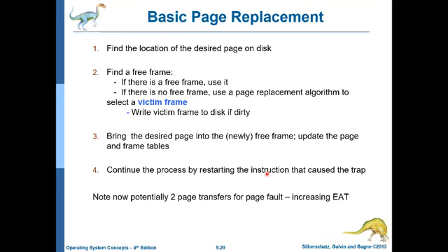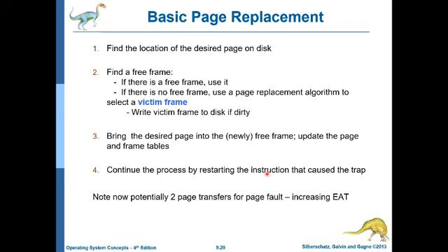And if this victim frame is going to be replaced by a new page, we will make sure that if it is not dirty, we can just replace it directly. But in case it is dirty, then we will need to write it to the disk before it is replaced by the new page.